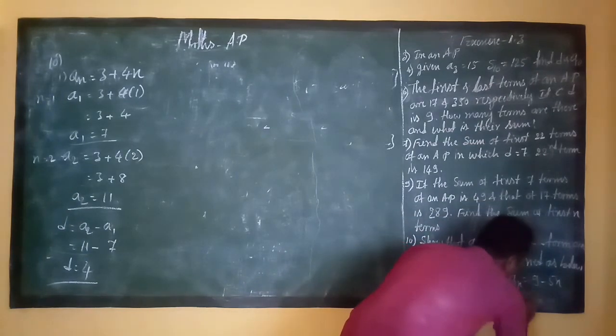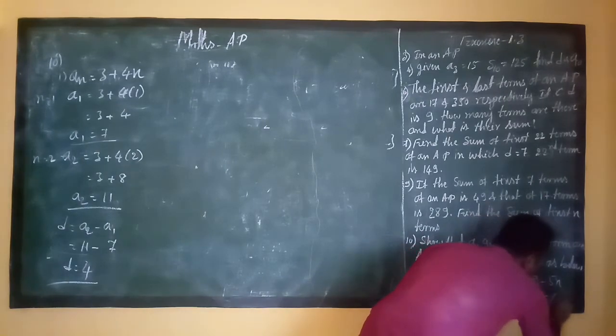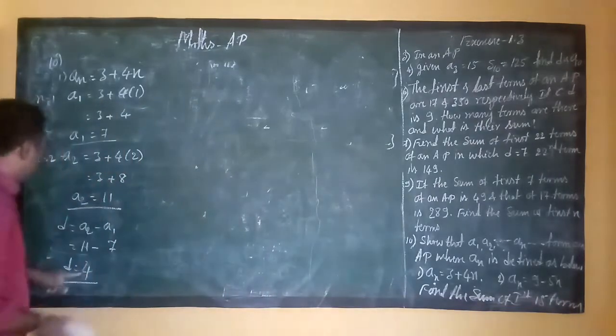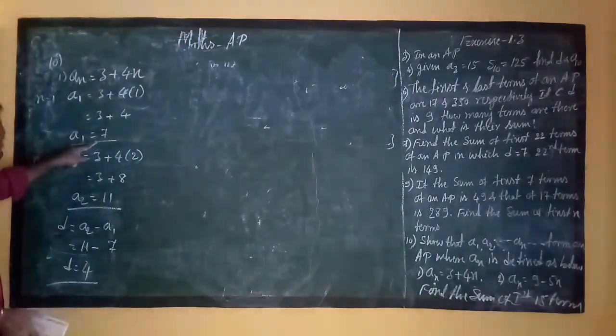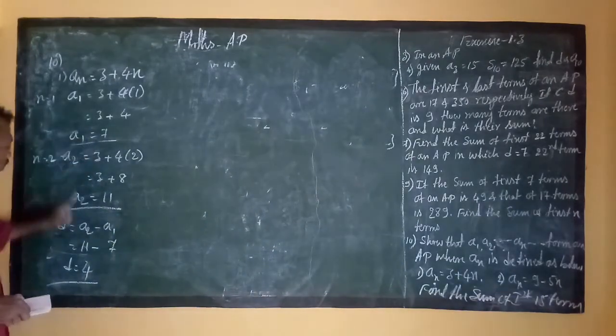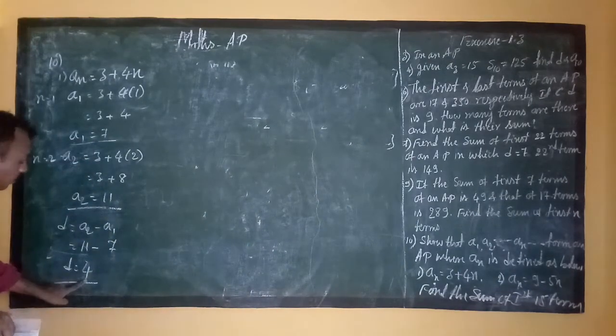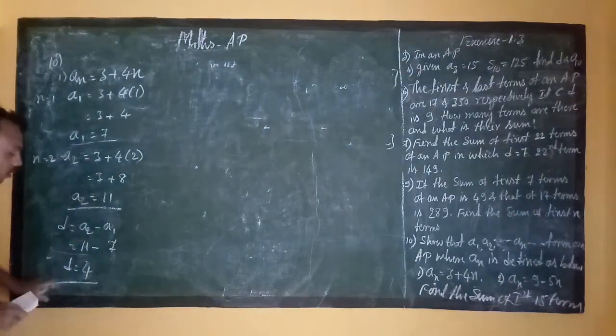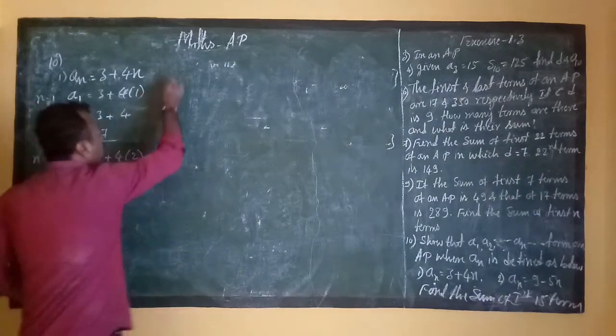Yes, so we have the D value, and the A value, the first term, is 7. The second term is 11. So easily we calculate D, that means A2 minus A1. It is 4. So D value is 4.